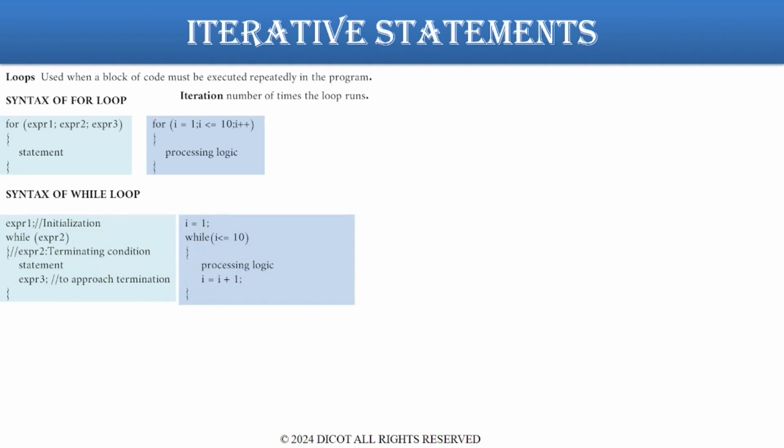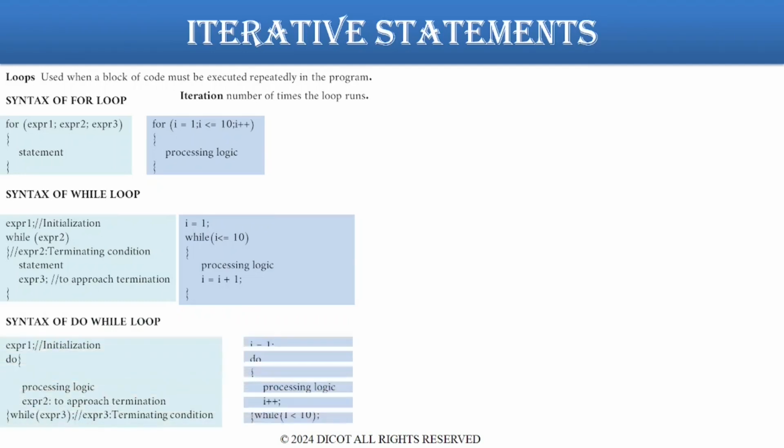Expression 2 is a terminating condition, i <= 10. If i becomes greater than 10, the loop terminates. And expression 3 is to approach the termination. Each time we increment the value of i using i = i + 1 in order to reach from 1 to 10.